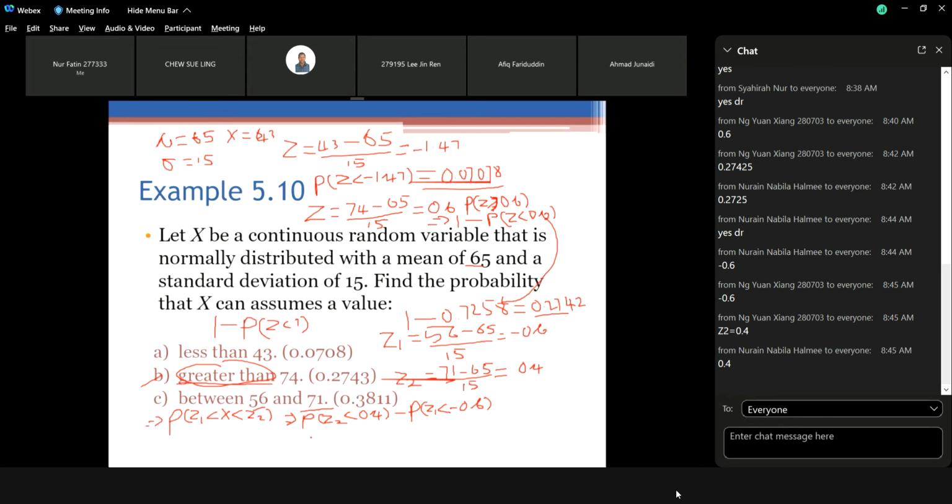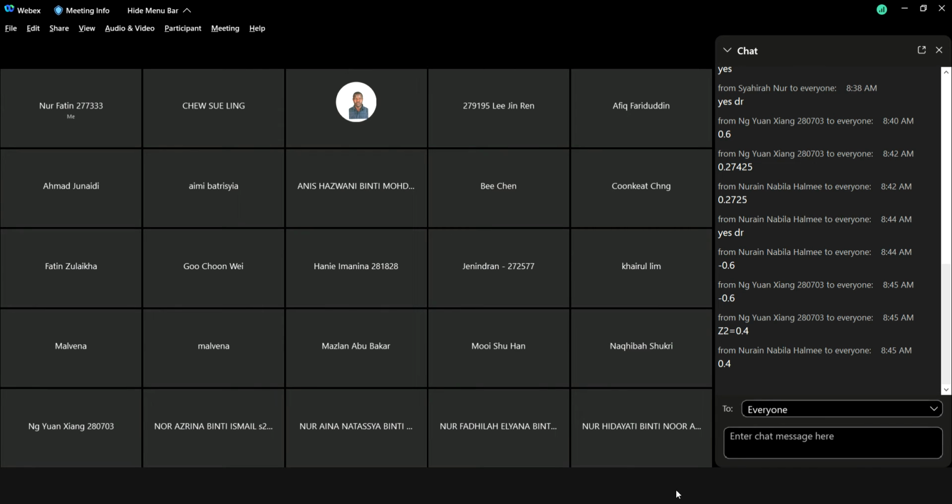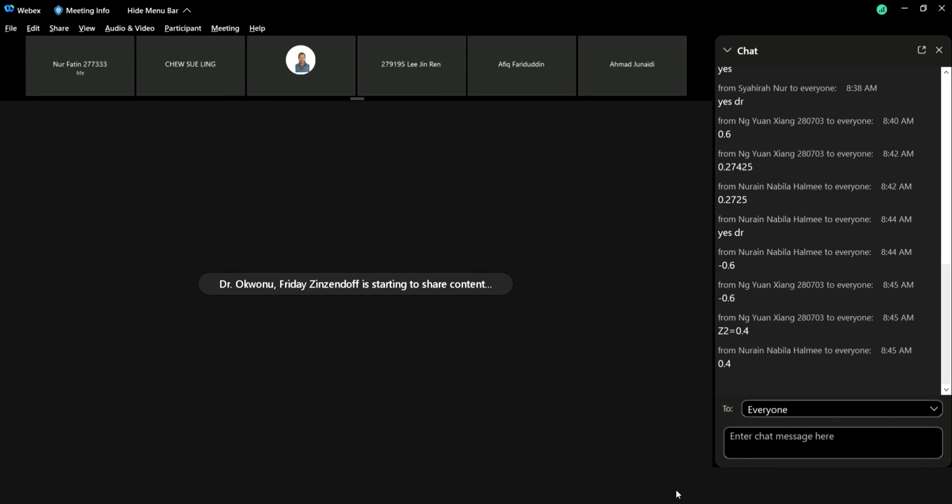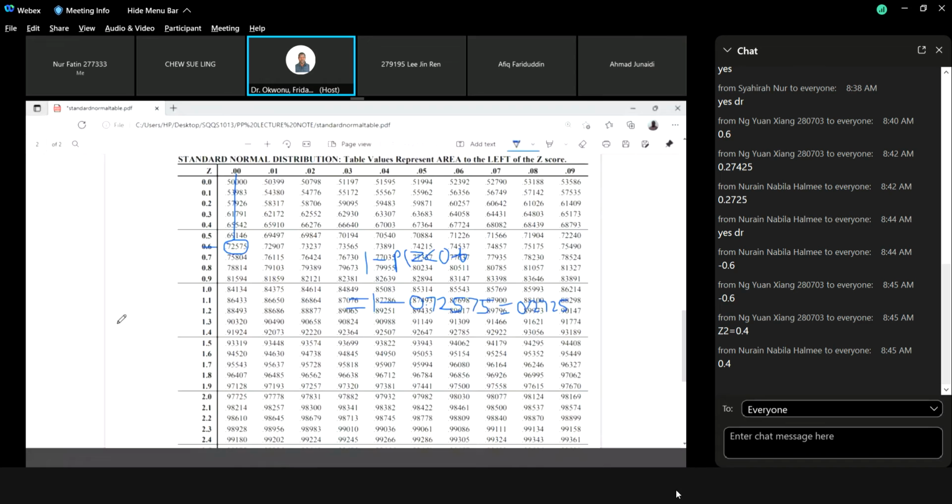So let's go to the table. So we have P Z1 less than minus 0.6.